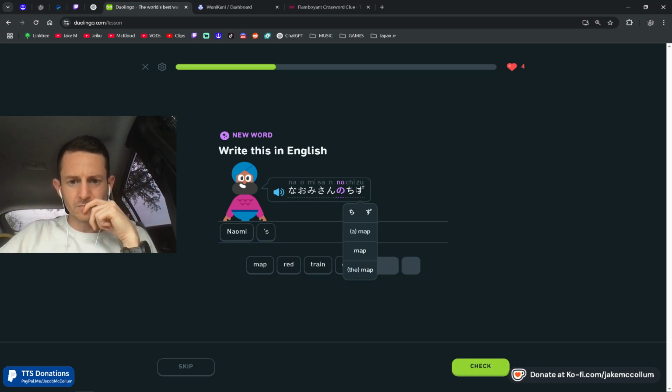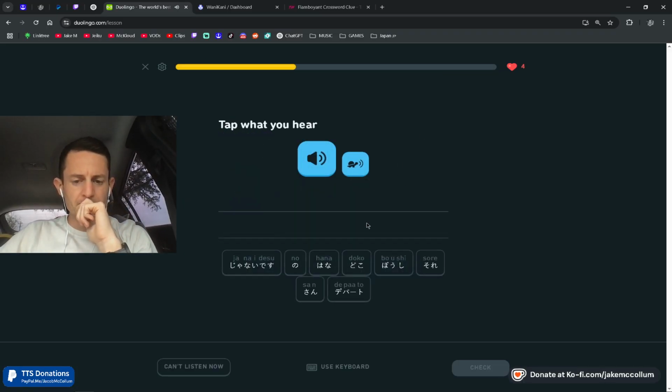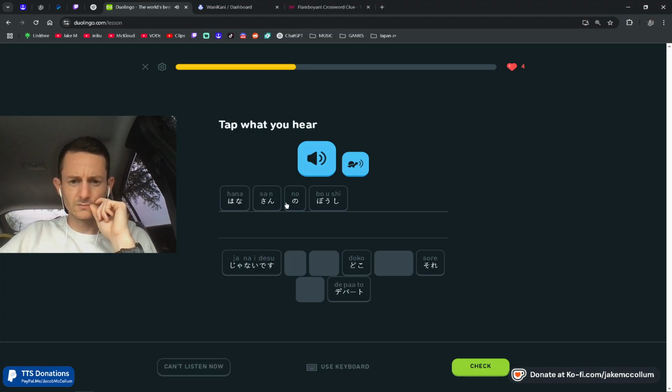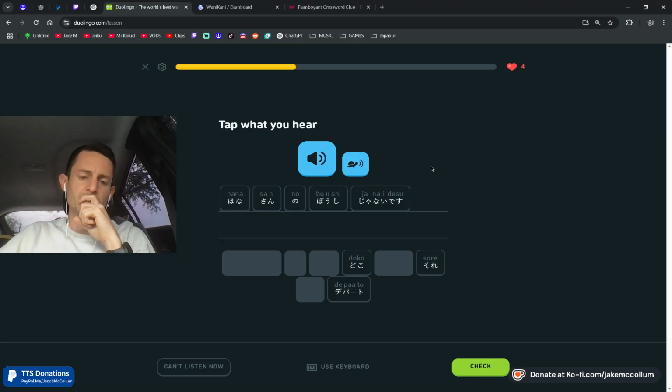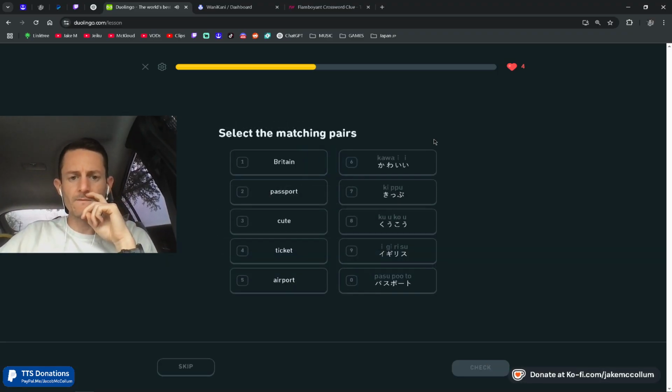Naomi's map. Chizu's map. 花さんの帽子じゃないです. Hana-san no boshi janai desu. That is not Hana's hat. It's not Hana's hat, yeah.